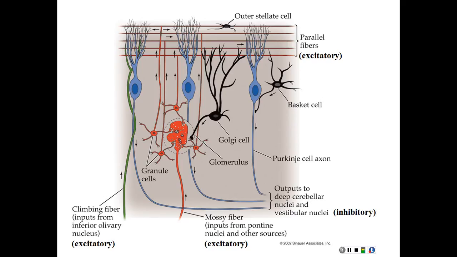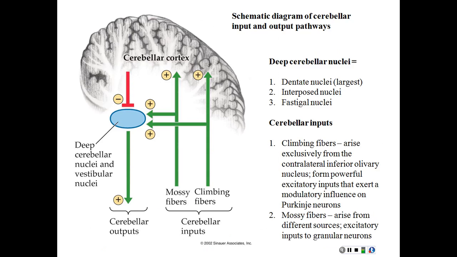But the outflow of cerebellar activity, which is what is on this nice schematic here, is inhibitory. It's shutting things down. And when you actually release this inhibition, this is when you allow for a positive outflow of information from these deep cerebellar nuclei.